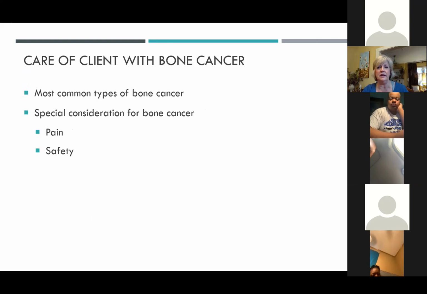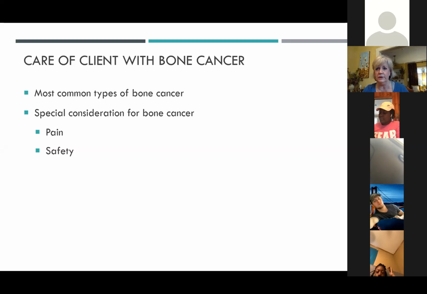That means that it originated somewhere else, okay? If you have somebody with metastatic bone cancer, I associate that with a high pain level that they will be reporting, because bone cancer is terribly painful, all right? The most common types of primary bone cancer we'll see will be Ewing sarcoma and multiple myeloma. And we see a lot of multiple myelomas, okay?